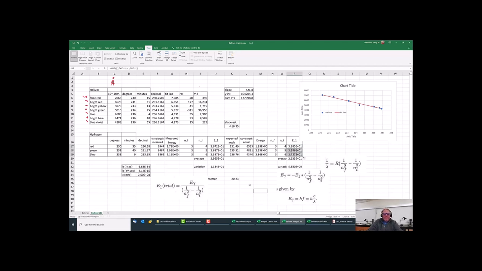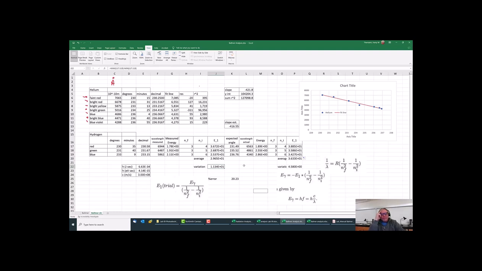Okay, now, so we have our numbers, and one thing we'd like to know is what is the variation of these. And this is actually the range, the max minus the min.